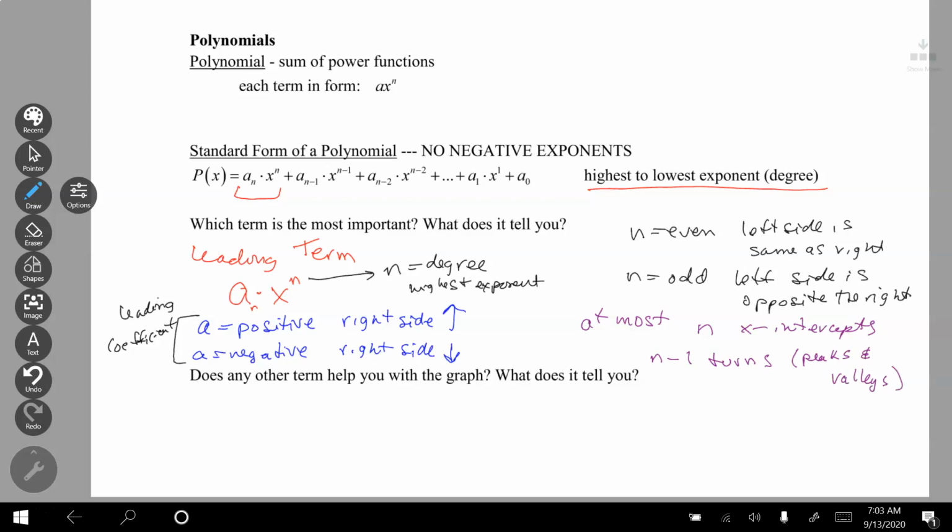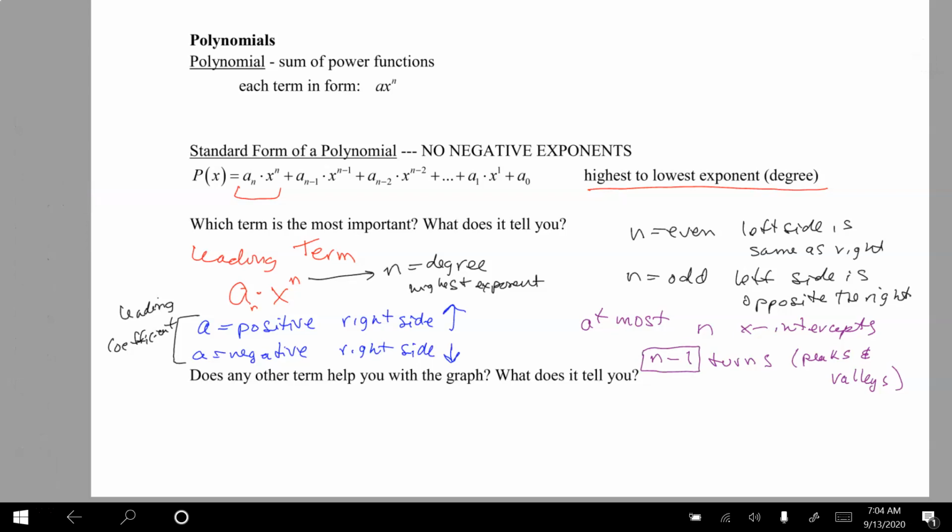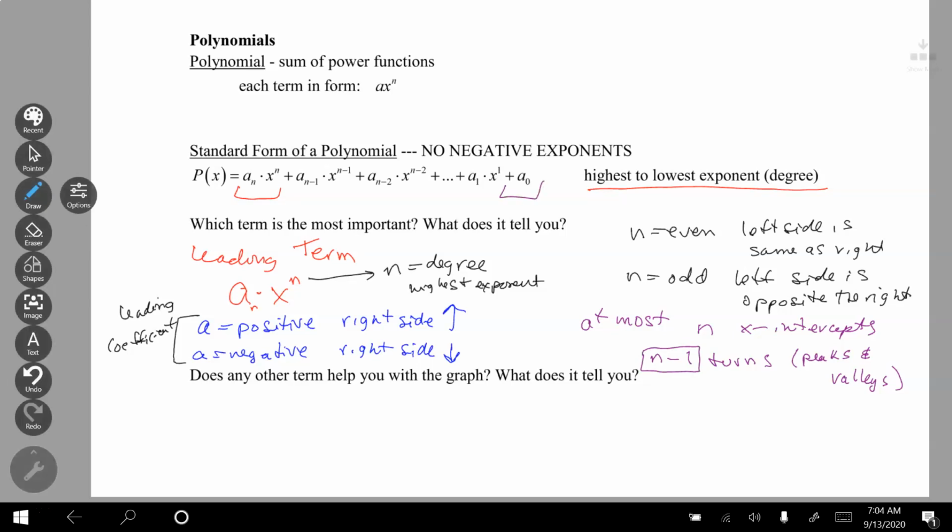Okay? It doesn't have to have exactly that number. It could be less than that, but it would have at most n x-intercepts or n minus 1 turns in the graph.